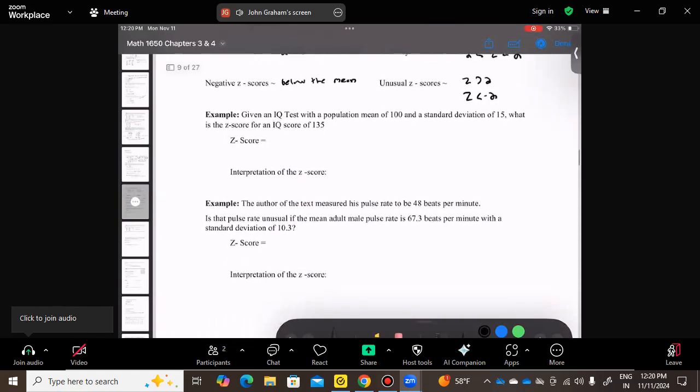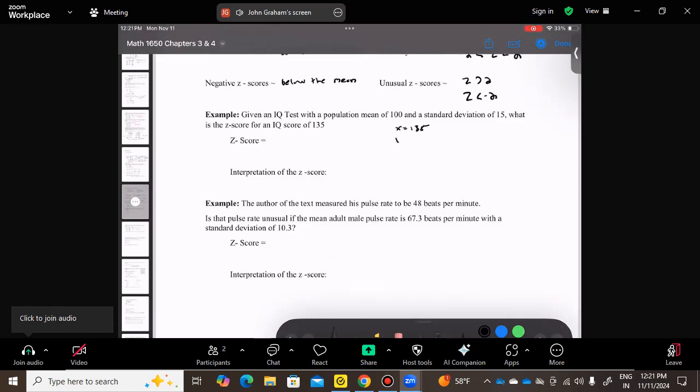Alright, so we're going to look at a couple examples here. Given an IQ test with a population mean of 100 and a standard deviation of 15, what is the z-score for an IQ score of 135? So x is 135.